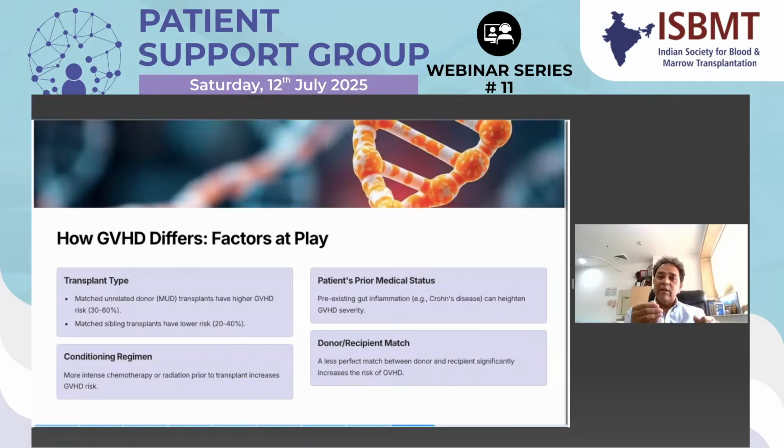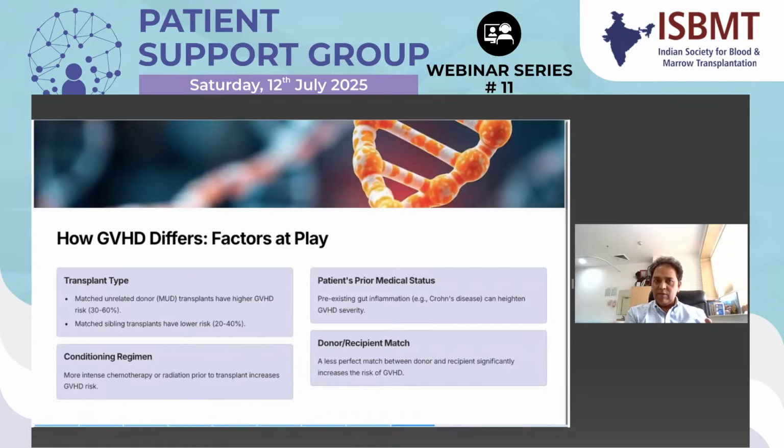Now that registry donor may be 100% match, but still because there are some differences, we know that when we take a registry donor, the GVHD rates will be higher. The lowest rate will be if there is a brother or a sister who's 100% match.